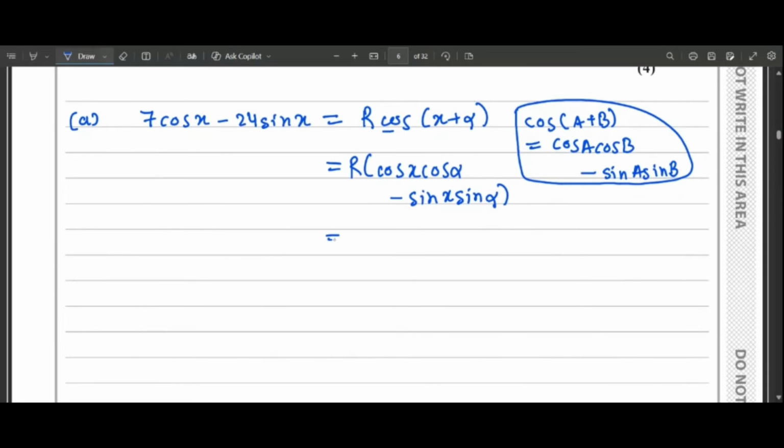We can further simplify this. r cos x cos alpha minus r sin x sin alpha is equal to 7 cos x minus 24 sin x.